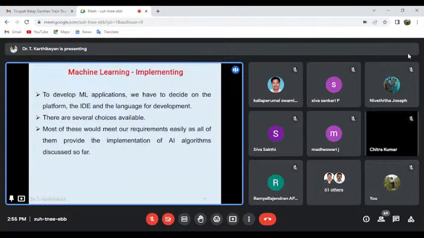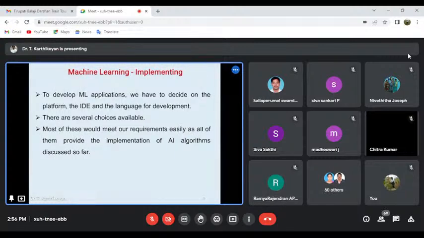Based on the computer language in which we have some proficiency, we have to choose the machine learning language. It is one of the important factors. That particular language must support machine learning development. This is most important.